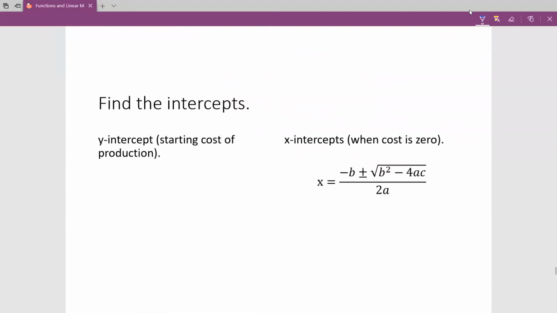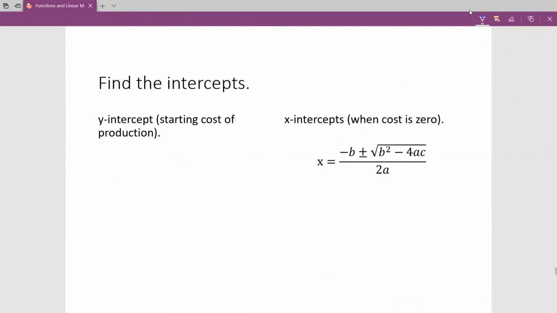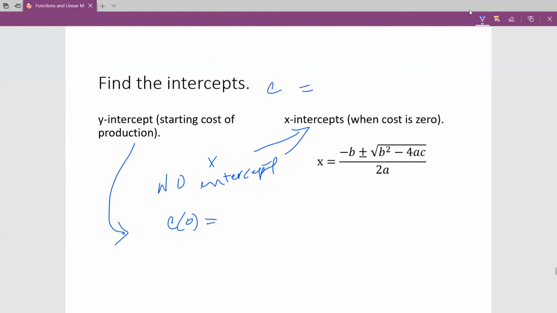And we already know that there are no intercepts, at least no x-intercepts. The y-intercept would be C at x equals 0. Just plug that in, and remember C was equal to 1/2 x squared minus 10x plus 1,000. Plug in x equals 0 and you get 1,000.